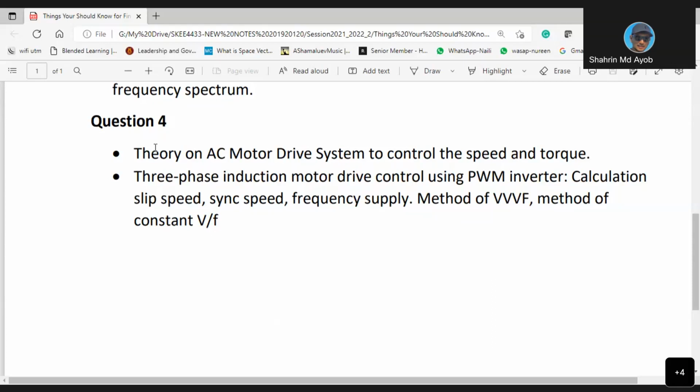Ni more on the circuit diagram. So you need to sketch the circuits and then maybe briefly explain what is inside that circuit, apa dia punya operation. So the theory on the AC motor drive system to control speed and torque is more on the circuit. So you refer to the slides.